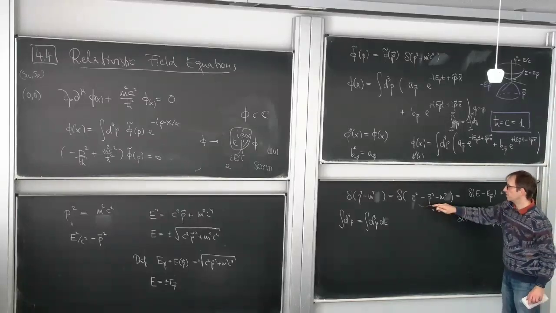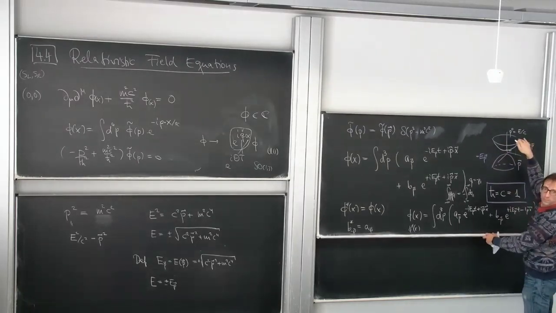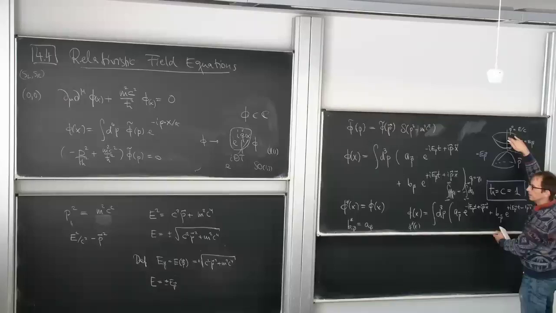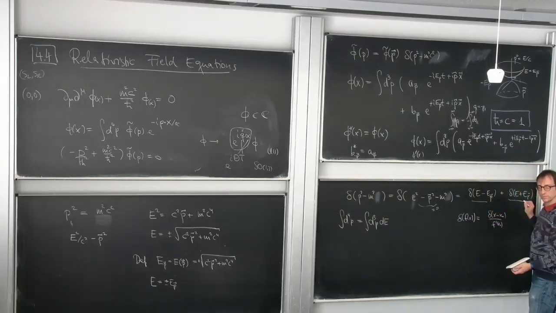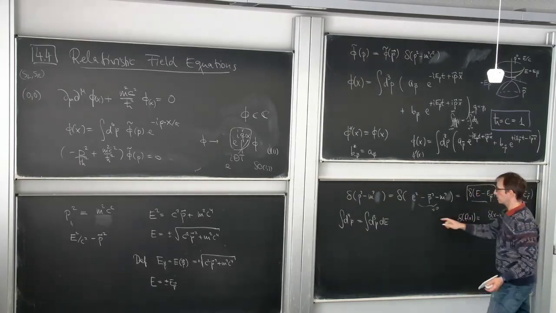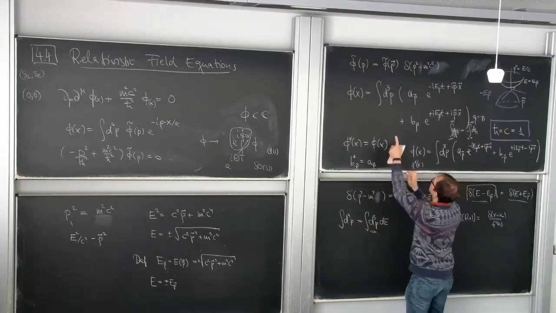But the point is, this delta function puts me onto both shells, and being on both, you can write it as either there or there, and so you end up either there or there. Then I'm going to use this to perform the integration, and I'm left with the 3-dimensional one, and that's here.